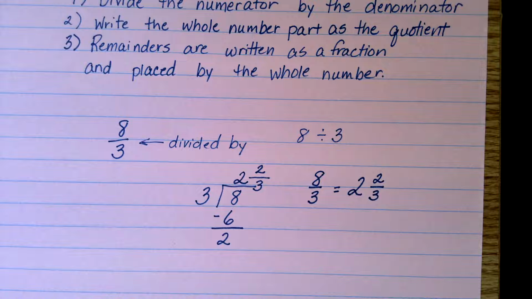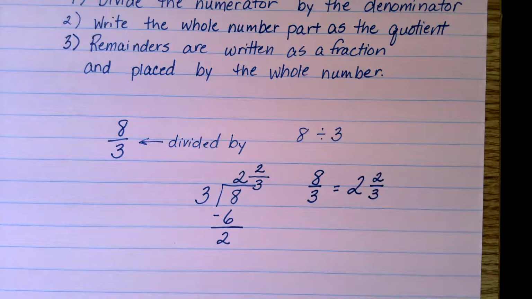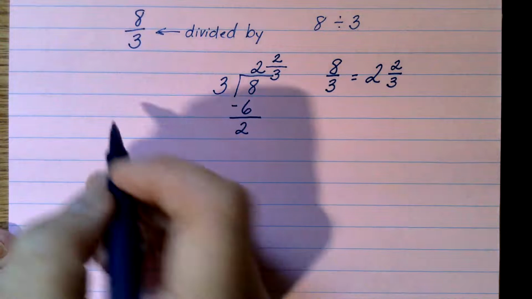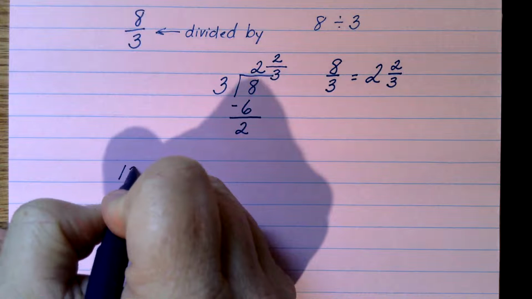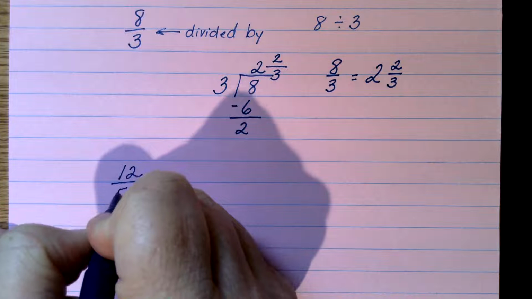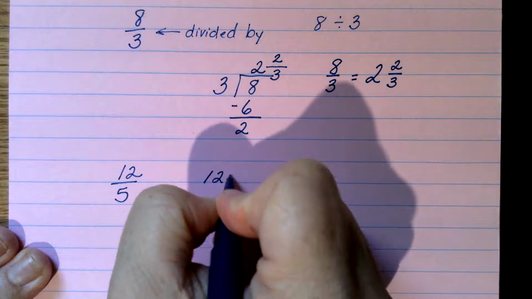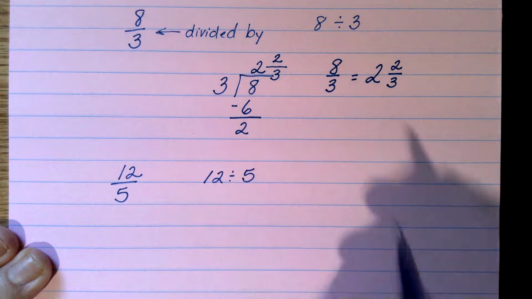Let's try 12/5. Again, this is the same as 12 divided by 5.